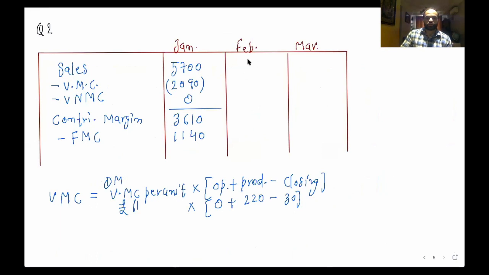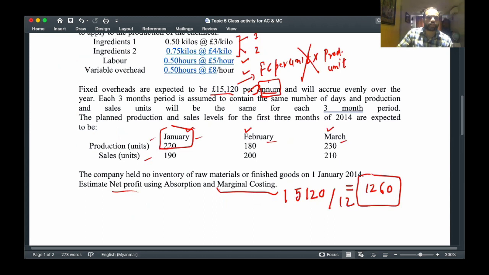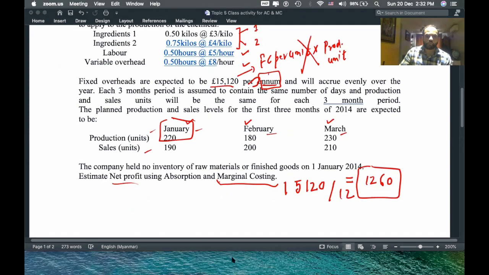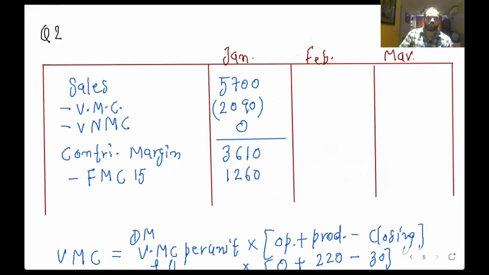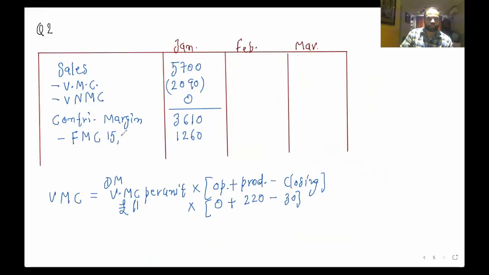So this one is 1260. How much was the number? 15,120 divided by 12.